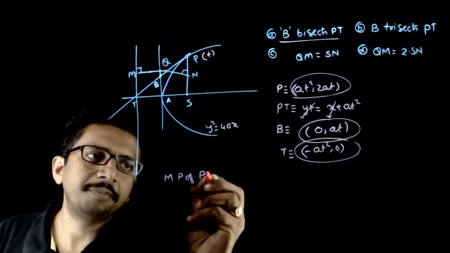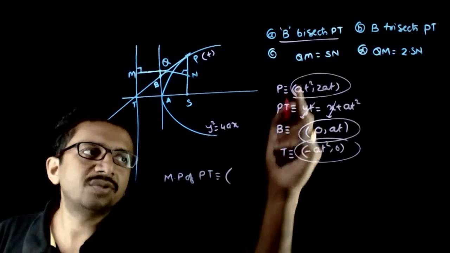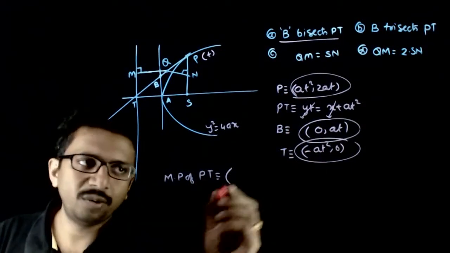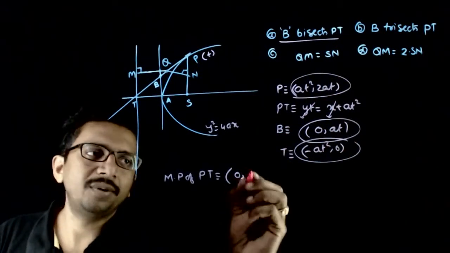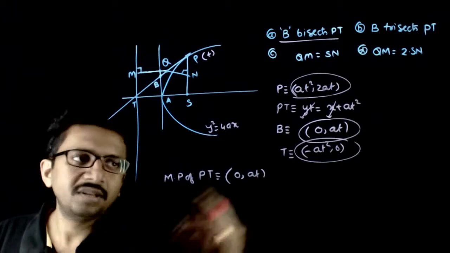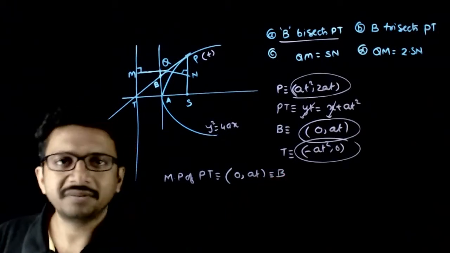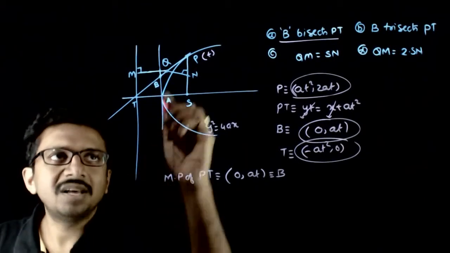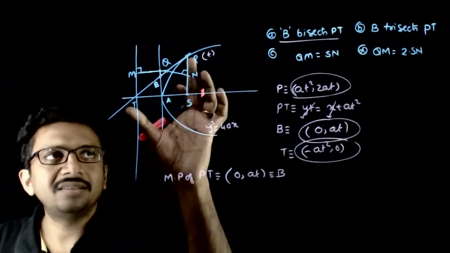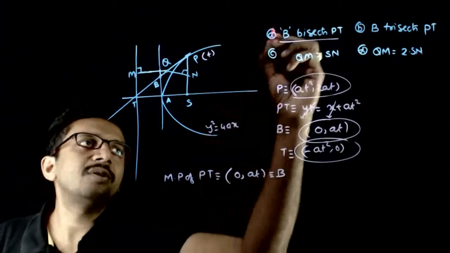The midpoint of PT is at square minus at square by 2, which is 0, and 2at plus 0 by 2 is at, which is the same as point B. So what's the meaning of it? B is the midpoint of PT, that means B is bisecting the line segment PT. So option A is right.